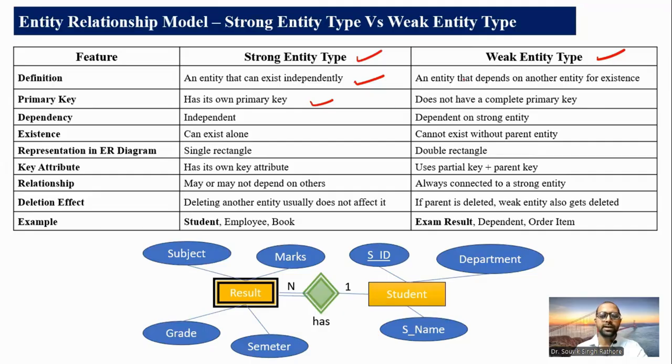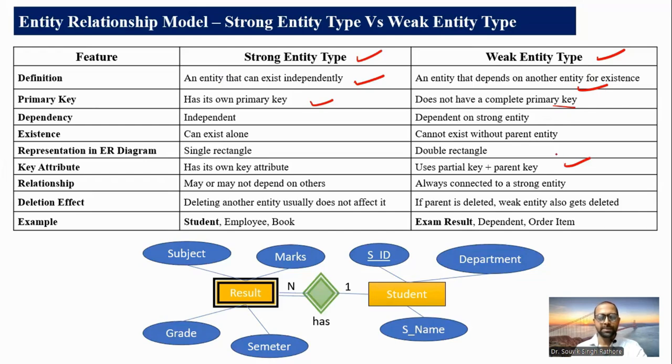But when we move to the weak entity type, these cannot exist independently and they depend on the strong entities. Also, it does not have a complete primary key of its own. Instead, it identifies every tuple using its own partial key and the primary key of the parent entity, the strong entity on which it depends.